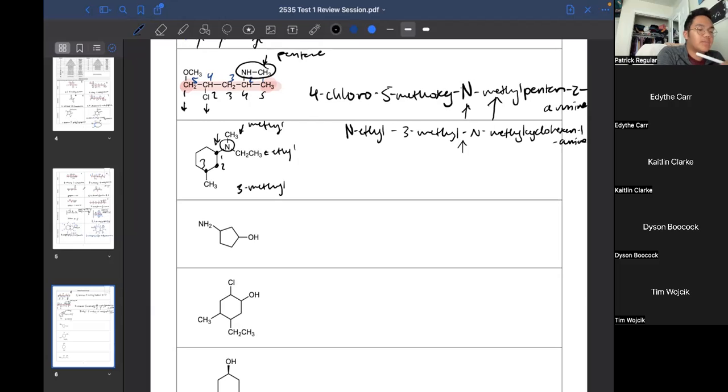However, again, we can combine these, so it's just going to be N-ethyl, N,3-dimethyl, cyclohexane-1-amine. Does anyone have any questions?